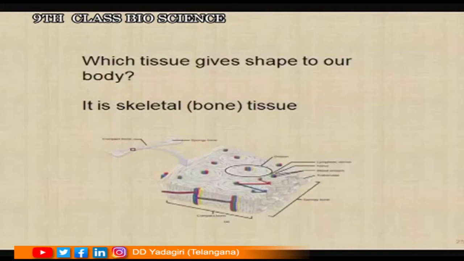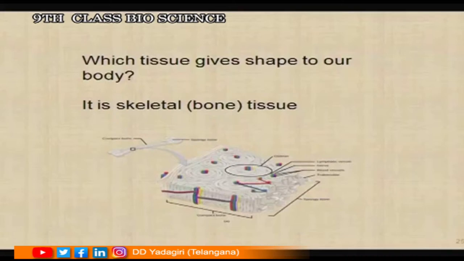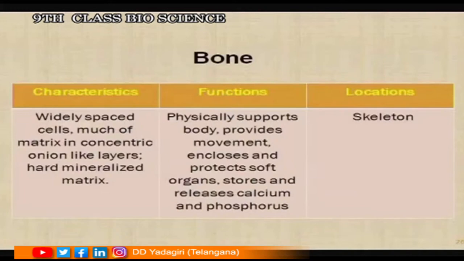Students, think, could you sit, stand, run or do any work without these bones? So, we have a specific tissue in our body which performs these functions. The tissue is known as skeletal tissue. We also know it as bone tissue.